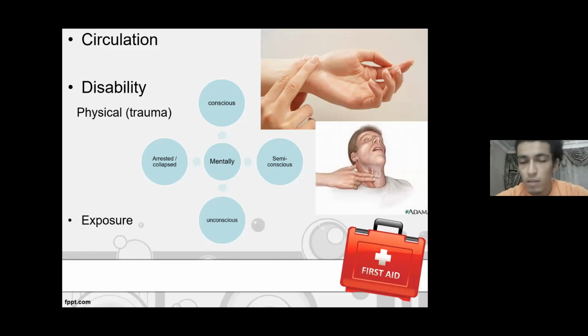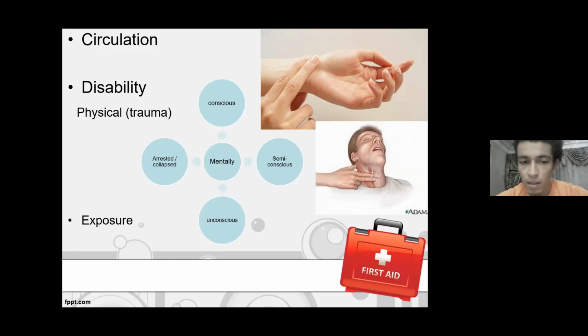If he didn't reply to any of this pain, he's unconscious. So I will go to two methods. I will check his circulation and breathing again. If they stopped, then he's called arrested or collapsed. In this situation, we will go for CPR. If he is unconscious, but there's breathing and circulation, we will go to a specific movement. We will talk about it on the next slide.